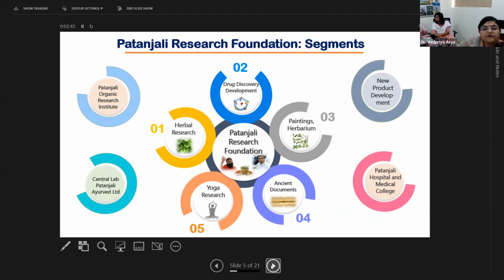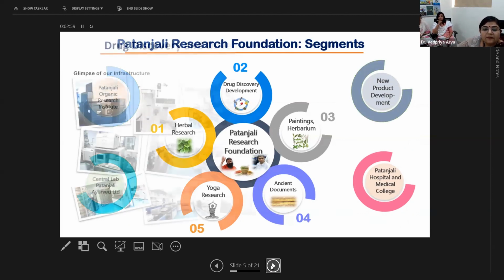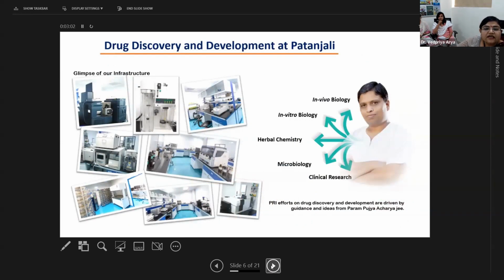We work on ancient documentation because we respect our ancient Ayurvedic literature, and through the herbal research domain, we have given the World Herbal Encyclopedia to the society. Then there is the drug discovery and development division, which is again divided into 5 segments: in vivo biology, in vitro biology, herbal chemistry, microbiology, and clinical research.